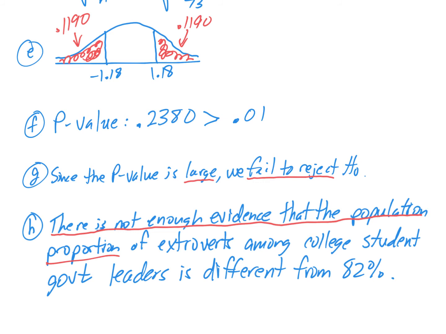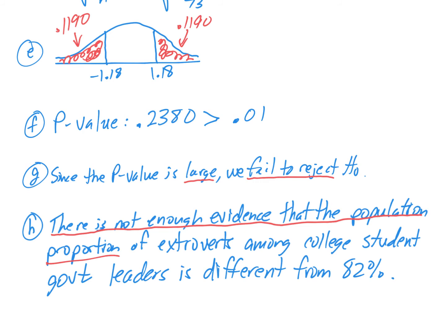We're talking about P in these questions. So therefore, you need to memorize what I underlined in red. There is not enough evidence that the population proportion, and then whatever the problem words are is where you finish the problem, okay? But those red words are needed, okay?